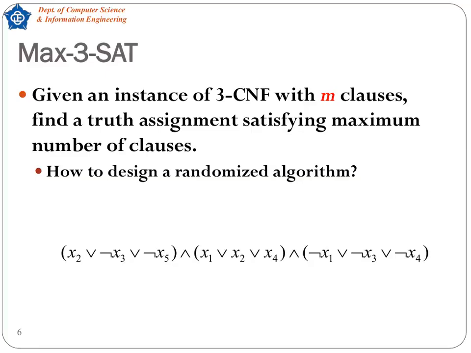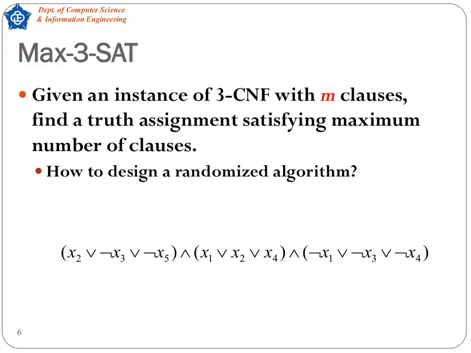That's where Max-3SAT comes in. Here, for a given 3CNF instance with m clauses, the problem challenges us to find a truth assignment that satisfies the maximum possible number of those clauses. It's about optimizing, not just a simple yes or no answer for satisfying everything.